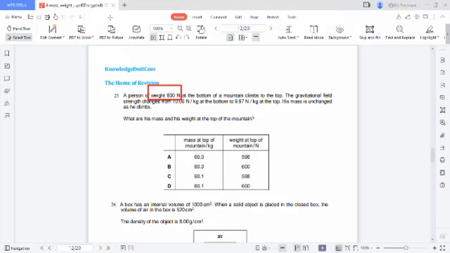At the bottom of the mountain, the gravitational field strength changes from 10 at the bottom to 9.97 at the top. See, gravitational field strength is varying with height.